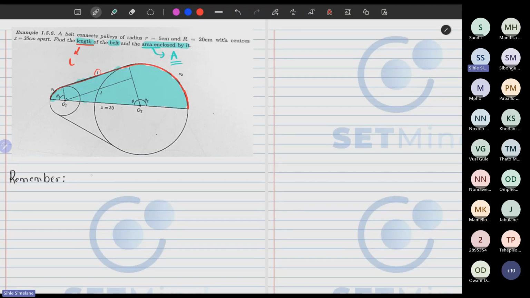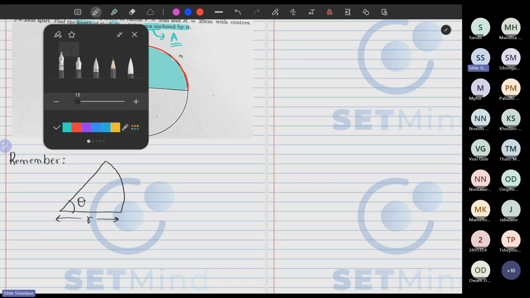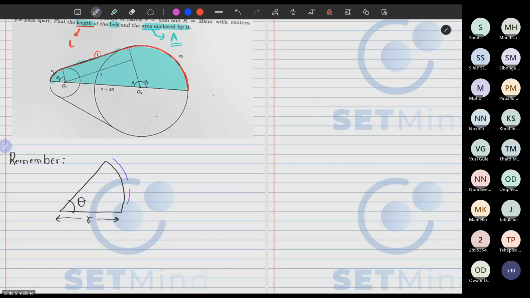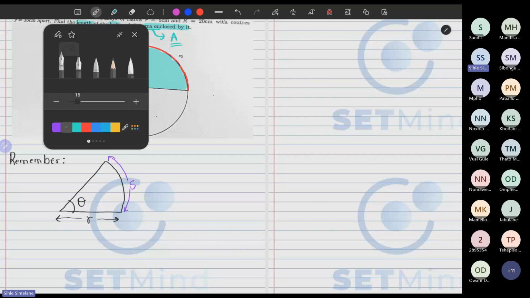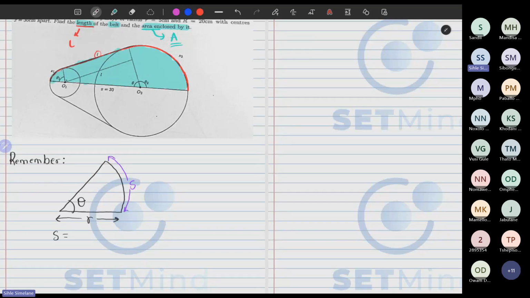If we have a sector like that, and this sector has angle theta, and from here to there the length is radius r, what we should remember is that the arc length from there to there, which we will denote as S, is simply given by r multiplied by theta, where theta, the angle, should be in radians.